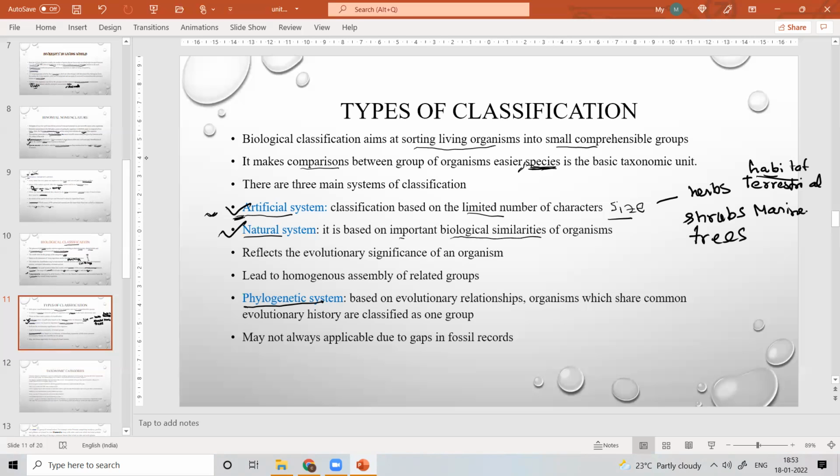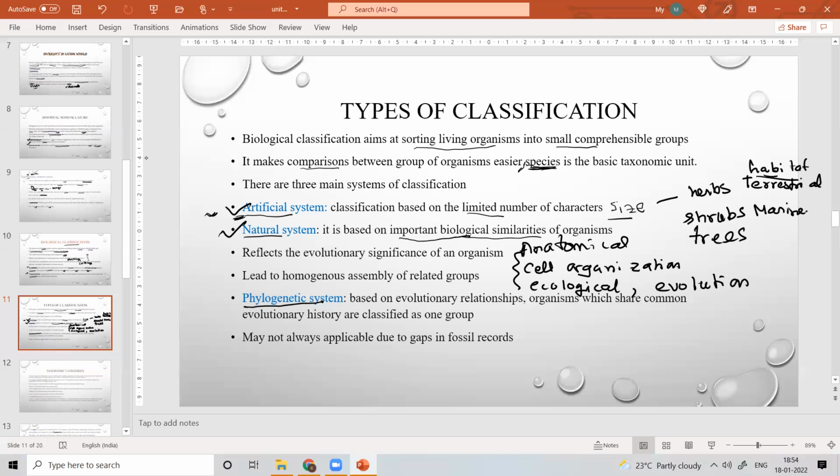That includes all important biological similarities, maybe anatomical characters, cell organization, ecological characters, maybe evolutionary history, how the organism evolved.